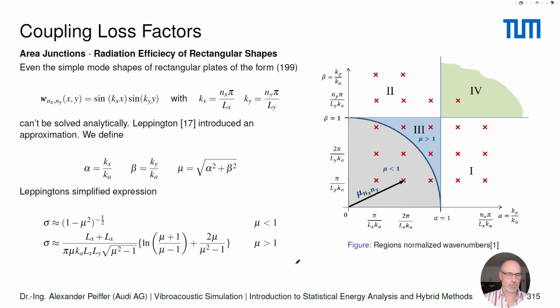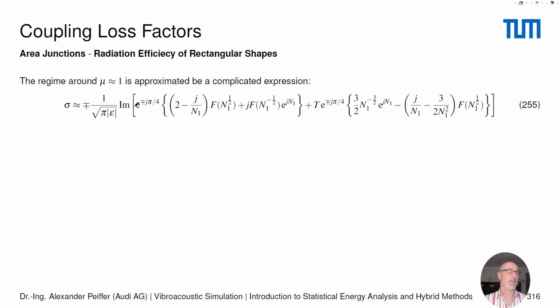I will not go into all the details. Again, you will find the details in the original paper or in my book, but there is this approximation. For mu smaller than 1, you can use this approximation, and for higher mu, you can use this approximation. Then there is an even more complicated approximation for exactly the coincidence area, which is given by this quite lengthy formula.